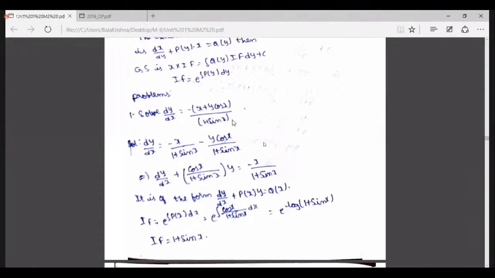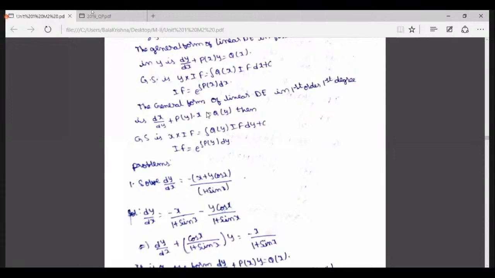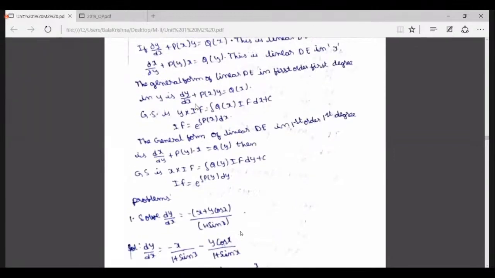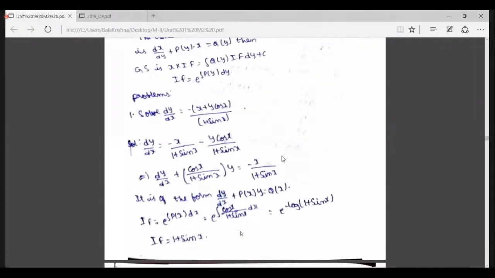But there is the other form, that means you can reduce the given differential equation into the form of this linear differential equation, dy by dx plus a function in terms of x into y is equal to q of x. Once again I'm reminding you, whenever a question is given, he will not specify whether it is a linear differential equation, a Bernoulli differential equation, or exact. It is our duty to identify that.